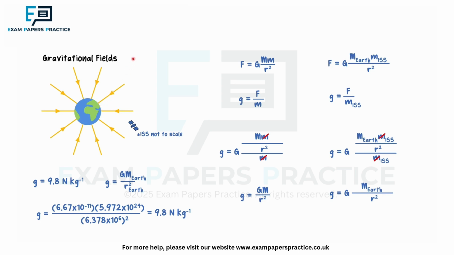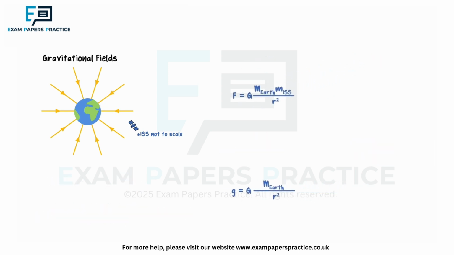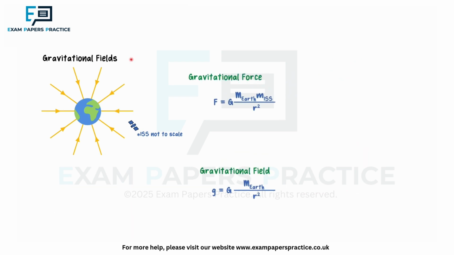Many struggle to distinguish between gravitational fields and gravitational forces. To help overcome this difficult concept, think about the ISS in this situation. Regardless of whether the ISS is there or not, Earth is there, causing a gravitational field at that point. The strength of that gravitational field can even be calculated using our equation.